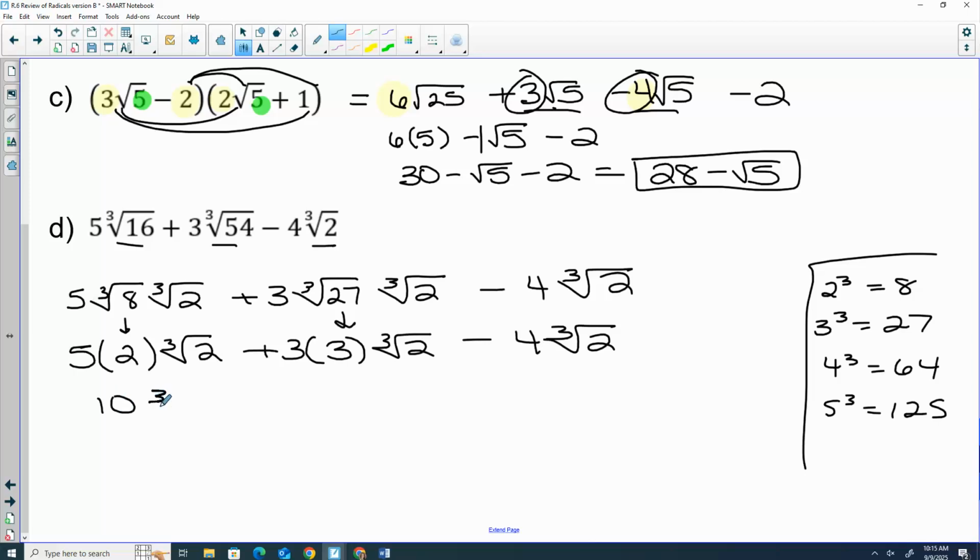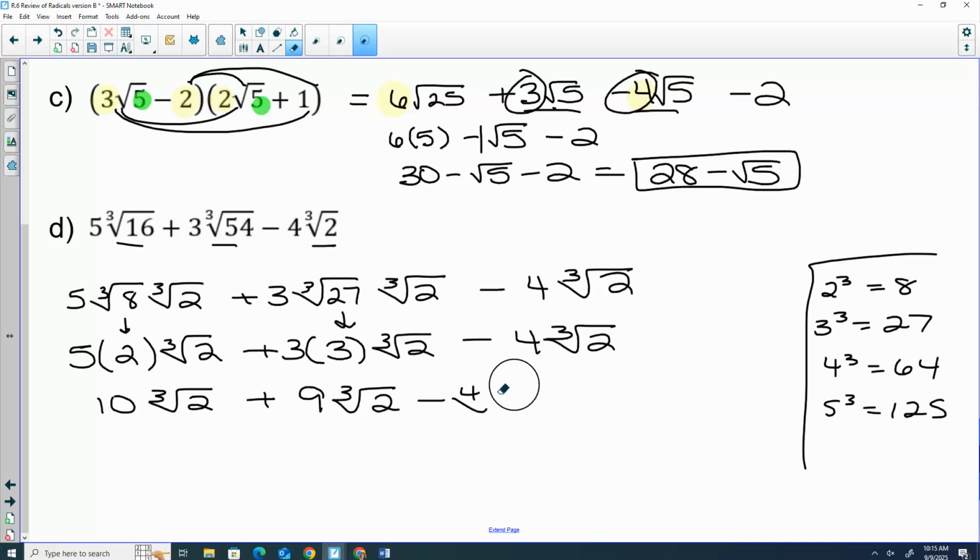So we get 10 cube root of 2 plus 9 cube root of 2 minus 4 cube root of 2.